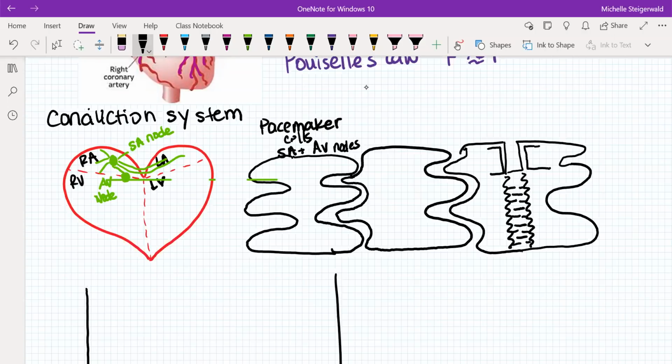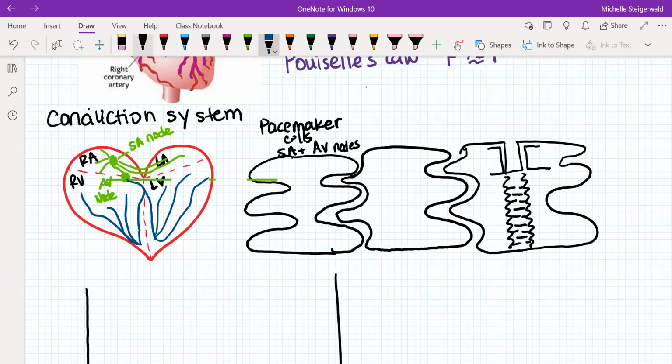Once they start that rhythm, they can pass that now through these bundles. These are going to be conductile systems that are going to run along the septum and then split out between the two ventricles. And then from there, feed into every part, all the myocardium that's on these ventricles.